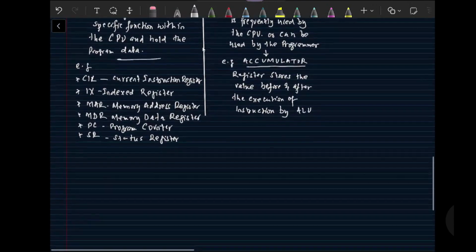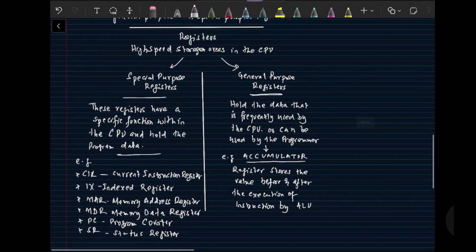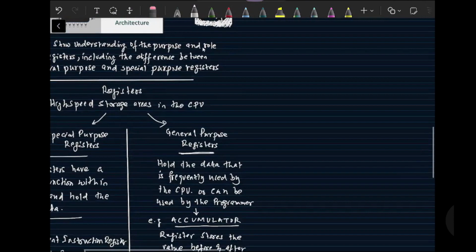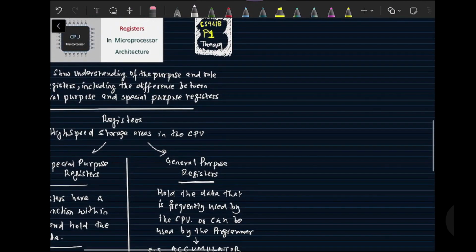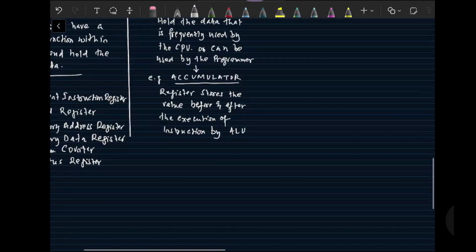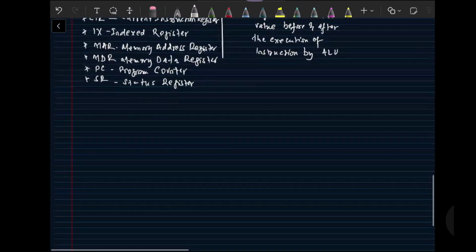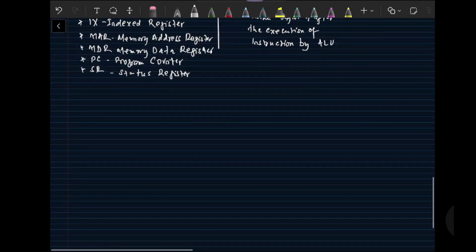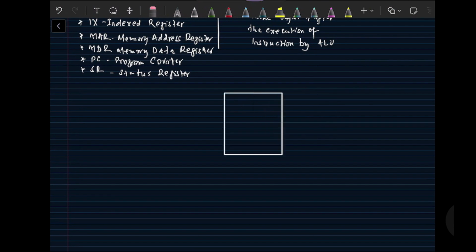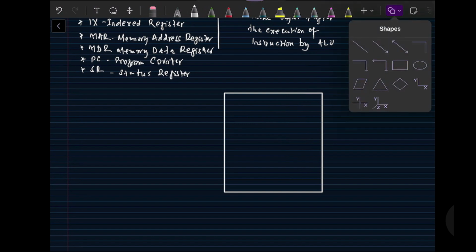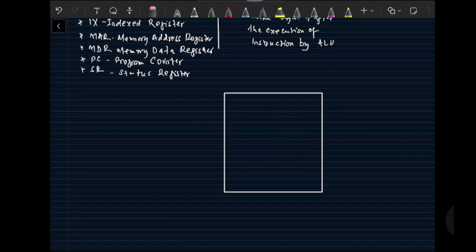All right. So you can also understand it with the help of a diagram, how the registers work. Let's say this is the CPU, and this is the memory.